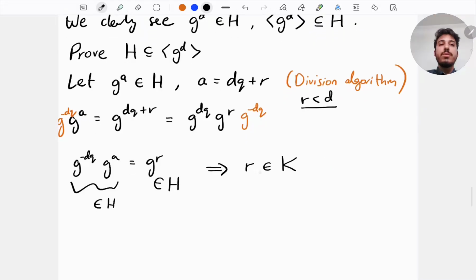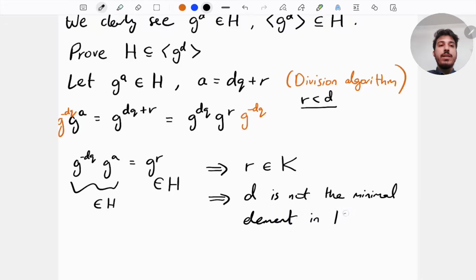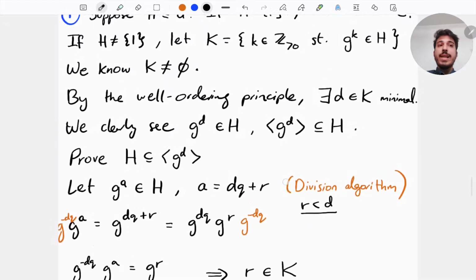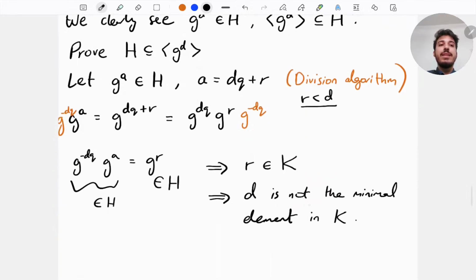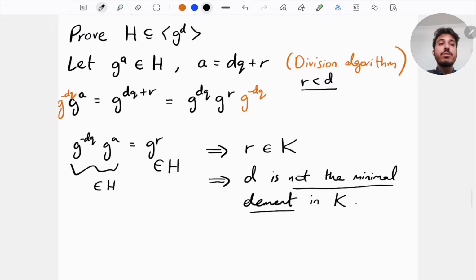And we've just found out that there is an r in K such that r is less than d. So that means d is not the minimal element in K. So we are saying at the same time that d is a minimal element and that d is not the minimal element in K, which obviously is a contradiction because they are contradicting facts.